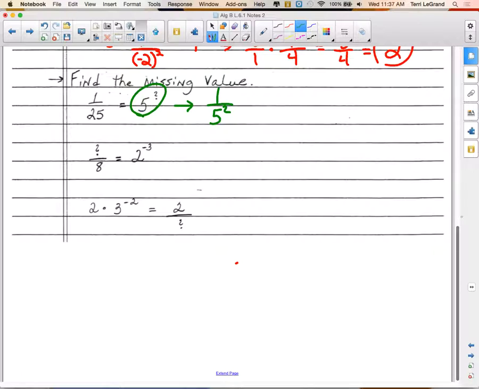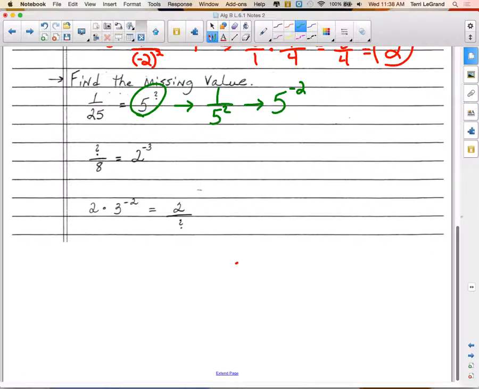When it moves from upstairs to downstairs, it goes from negative to positive. Well, if it's downstairs and it's positive and it moves upstairs, what's going to happen? It's going to become negative, isn't it? So this is really the same as 5 to the -2 power. It's like we're working backwards. Now we're unsimplifying it, okay?